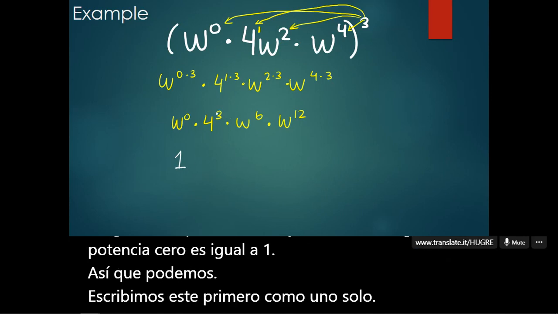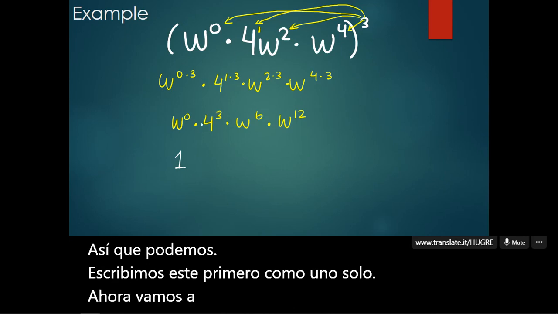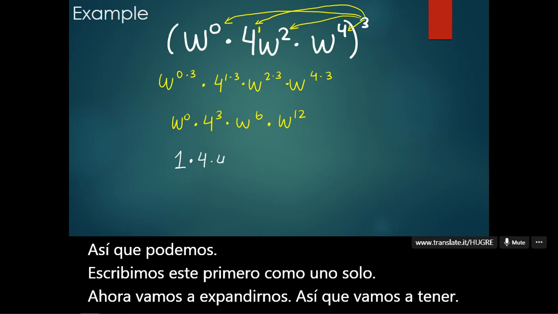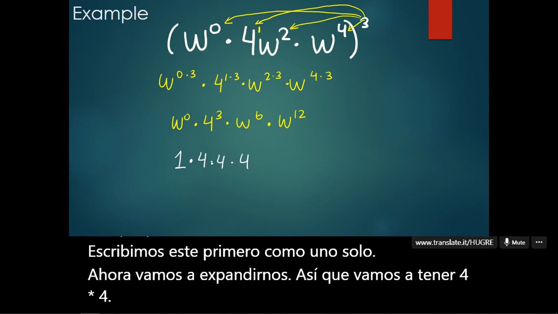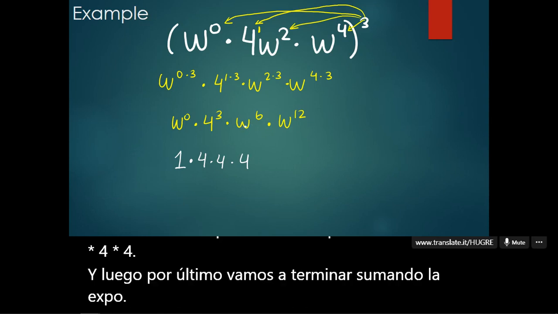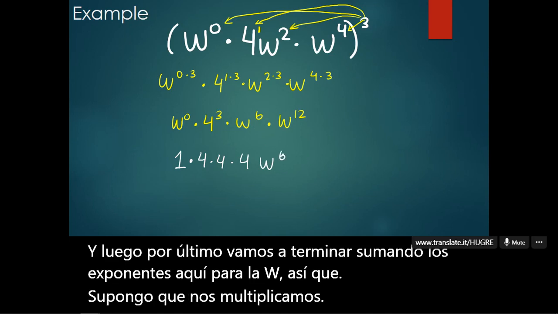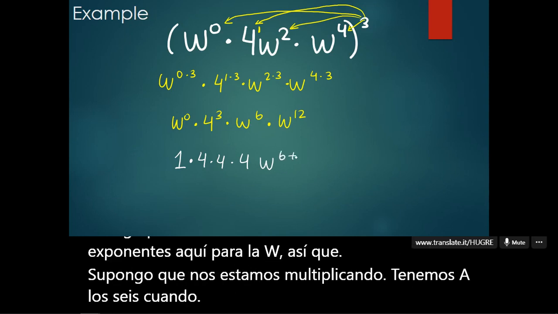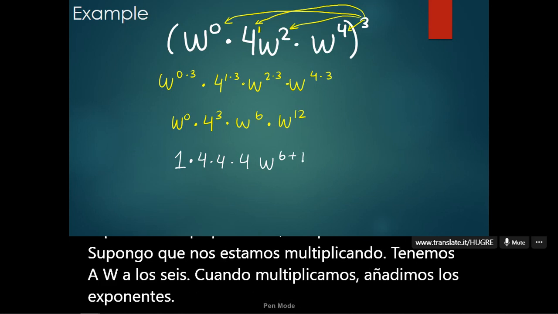Now let's expand 4 out. So we're going to have 4 times 4 times 4. And then last, we're going to end up adding the exponents here for the w. So because we're multiplying, we have w to the 6. When we multiply, we add the exponents. So 6 plus 12.